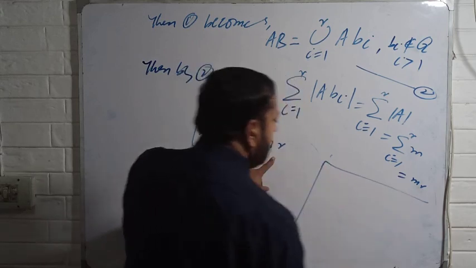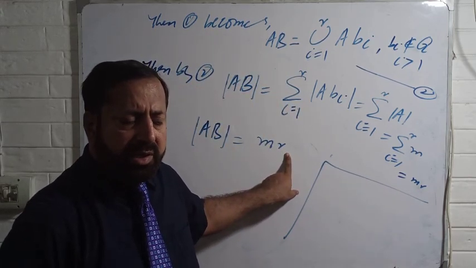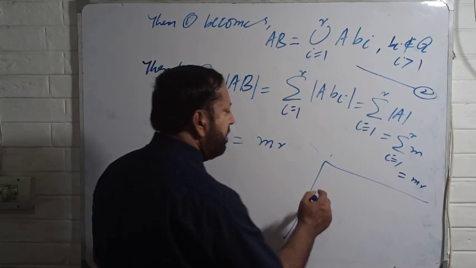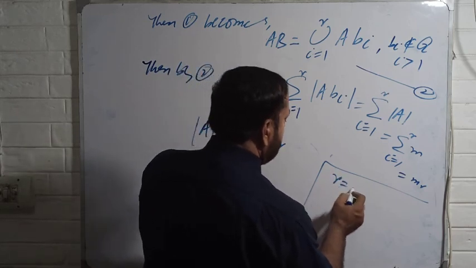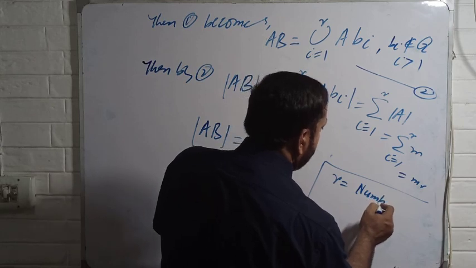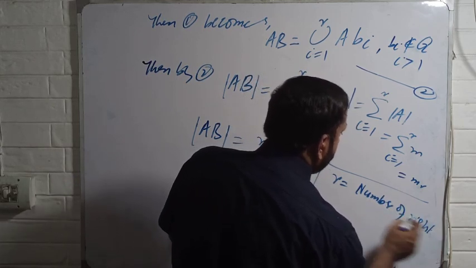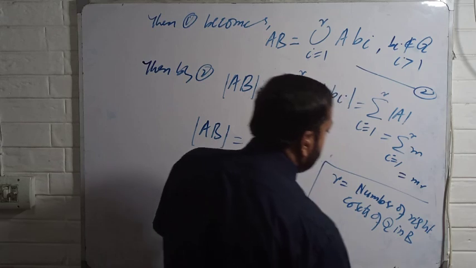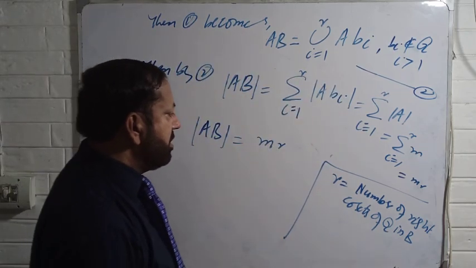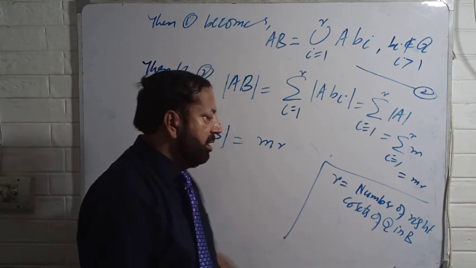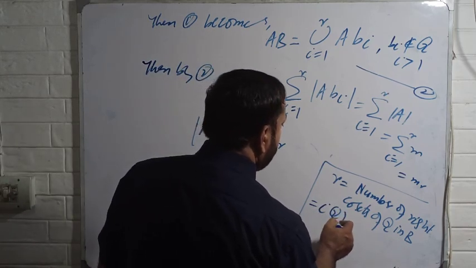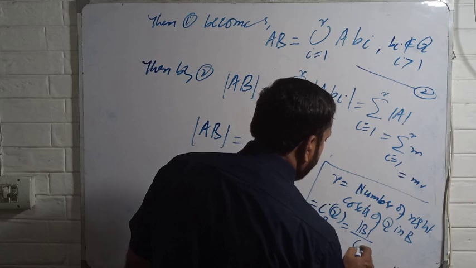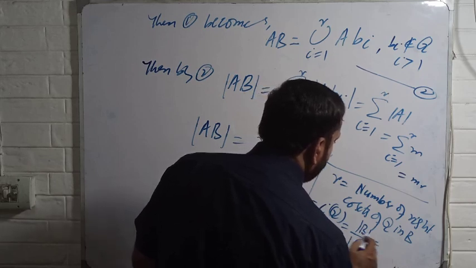And what was R? R was the number of possible right cosets of Q in B. This was your R. So this is in fact the index of Q in B, and you know the index of Q in B is the order of B over the order of Q. And what is the order of B?